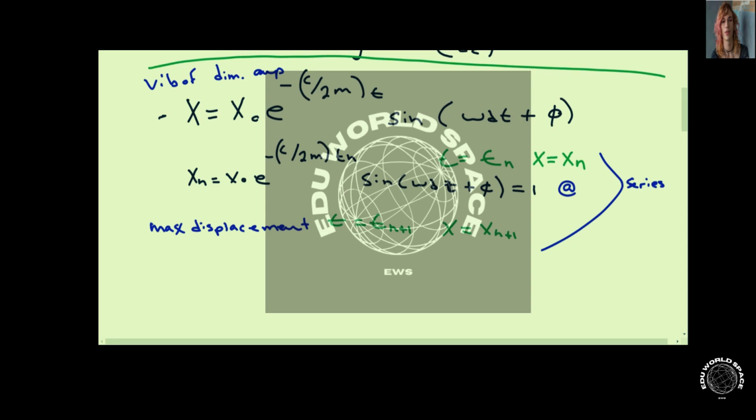Back to this: xn plus 1 equals x naught e to the minus c divided by 2m times tn plus 1, and from that we have sine of w d tn plus 1 plus phi. This is going to equal 1, and this is going to be your b.